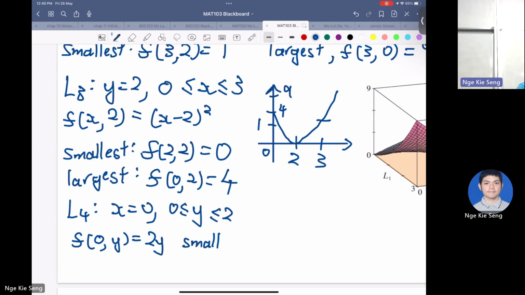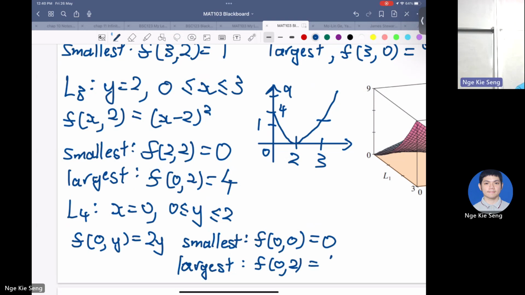The smallest is at x equals 0, y equals 0, and the biggest is attained at y equals 2, where the value is 4.